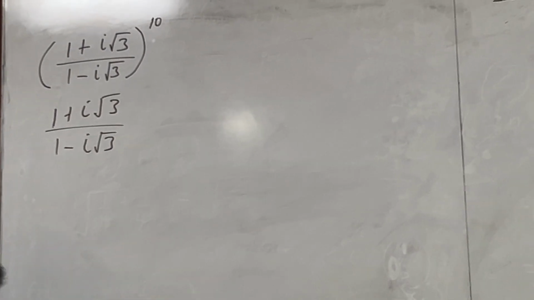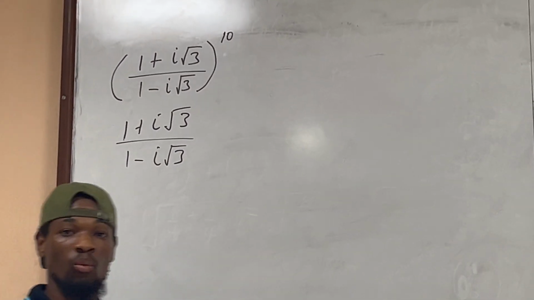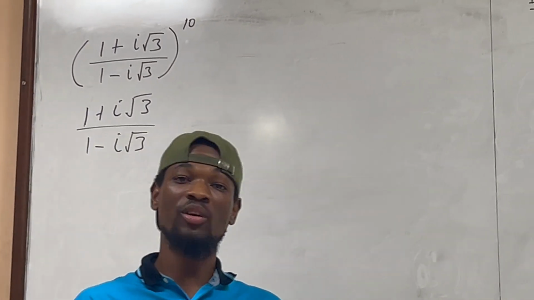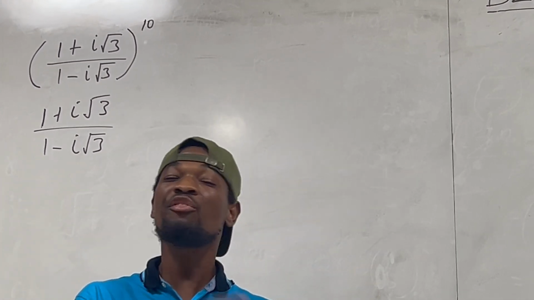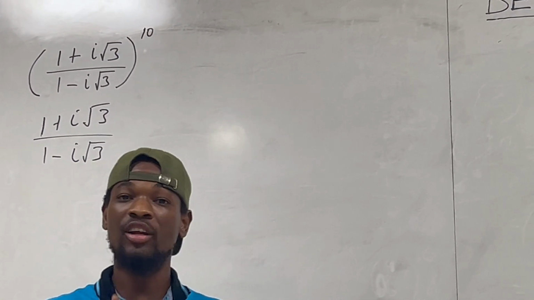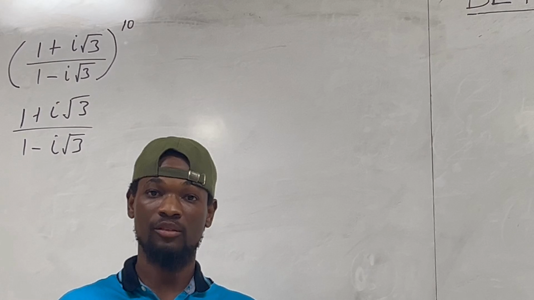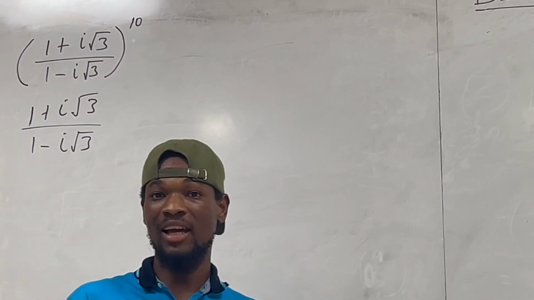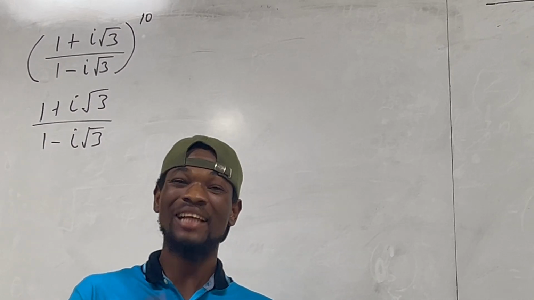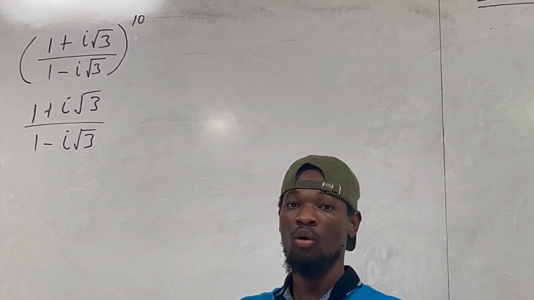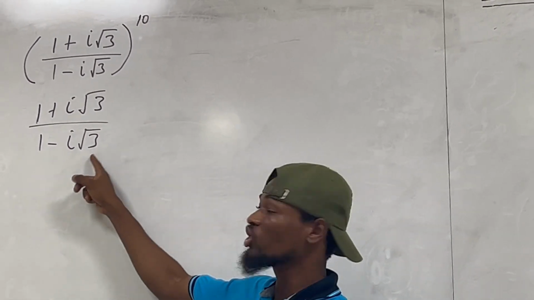And remember, I've treated questions like this when you tackle introduction to complex numbers. Kindly visit my previous lecture videos where I've dealt with introduction to complex numbers in detail. Addition of complex numbers is there, subtraction, multiplication, and division or quotient of complex numbers. So this is division of complex numbers.